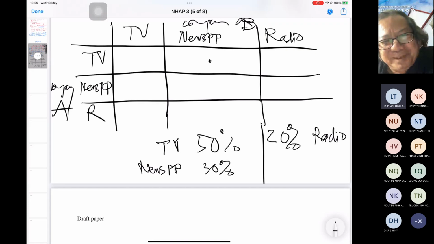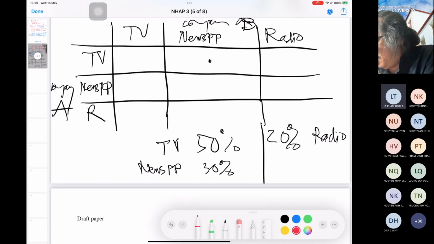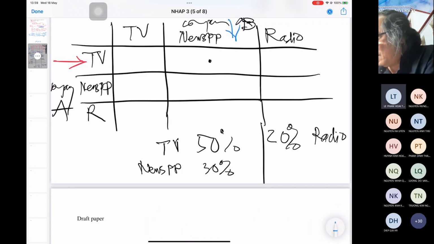And what happened? A will get about 50% of the potential. But B only can get 30. A uses television and B uses newspaper.